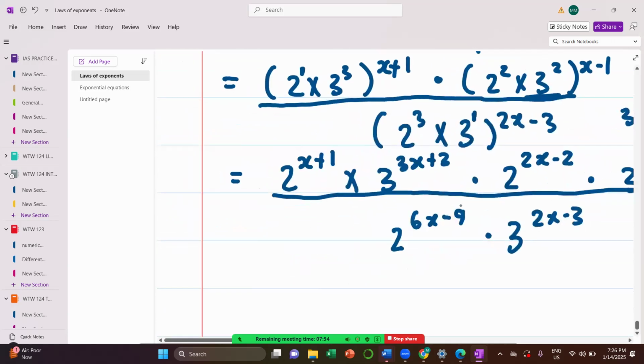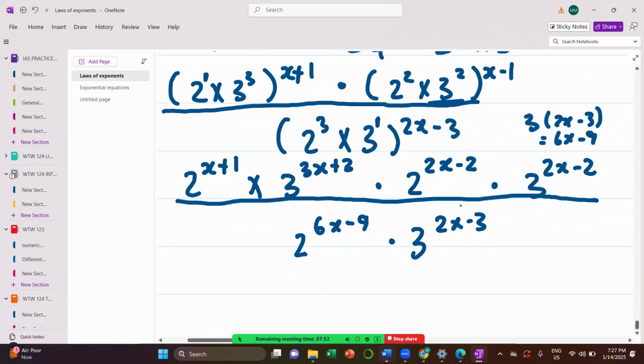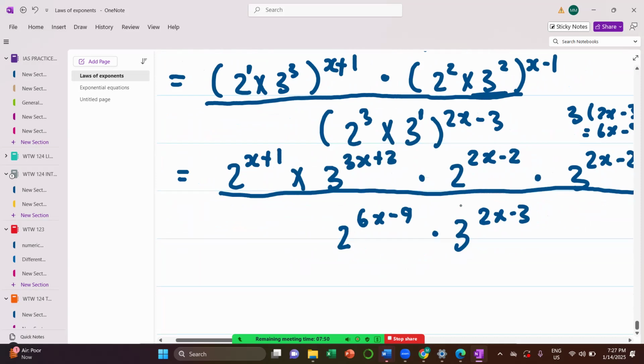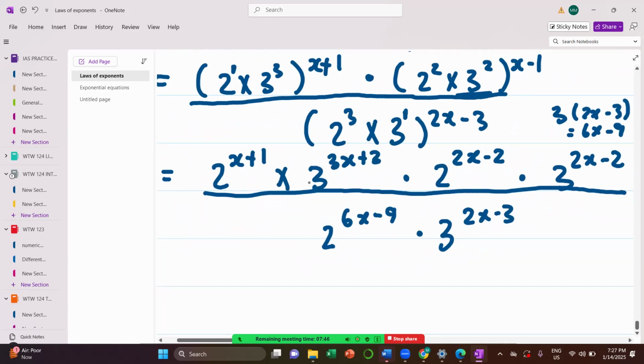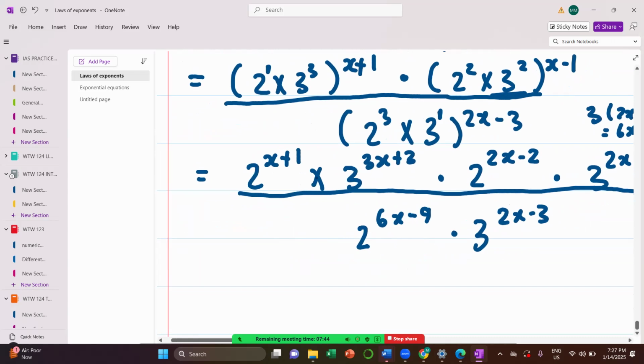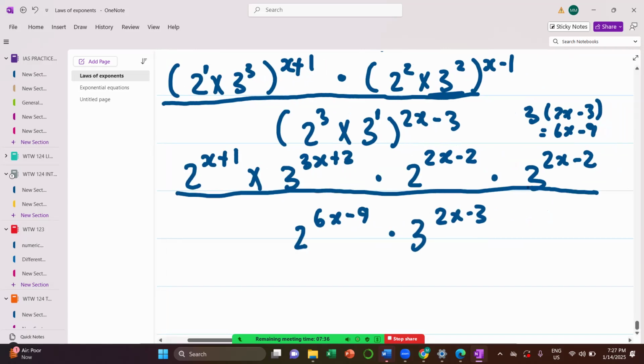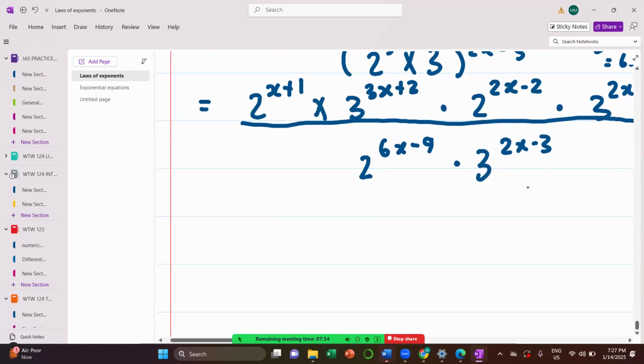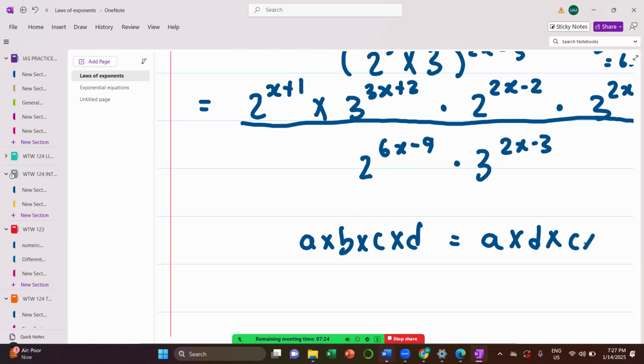So we are still on the same point, right? You see at the top that we just have multiplication signs in between. Multiplication, multiplication, multiplication, right? You notice that. Whenever we are multiplying, let's say A times B times C times D, this is the same as A times D times C times B. So the order of multiplication does not matter.